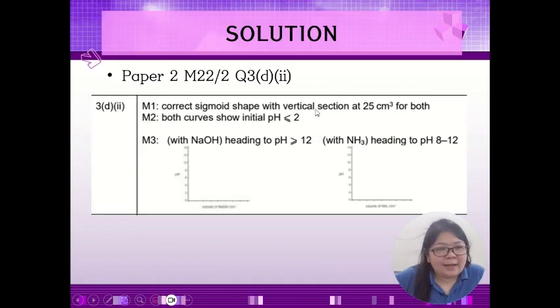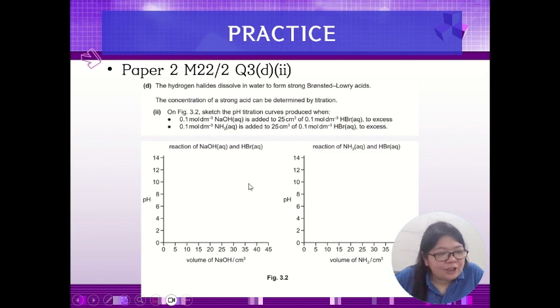Now let's look at the answer. First mark, correct sigmoid shape with vertical section at 25 for both. So the first mark is always given to the correct shape, and also the volume for the endpoint. This one they didn't give you the volume of the base added to the acid, so there's no mark given to extension of graph until 45.